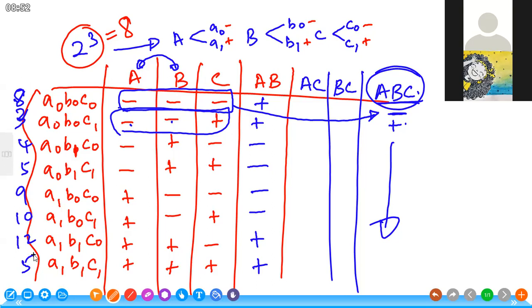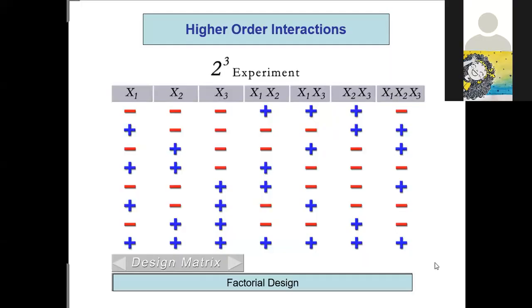So you can take the averages and see whether these effects are there. This is nothing else, this table is as such. According to our example, this is A, this is B, this is C, and this is AB, AC, BC, and ABC. Nothing else.